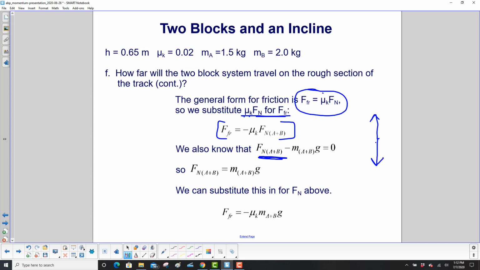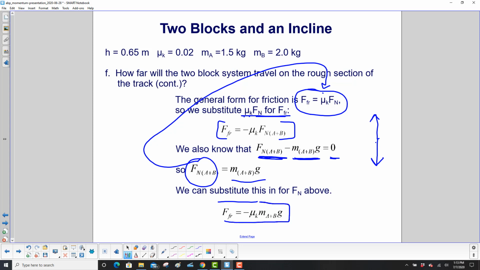So you put a positive for the normal force, a negative for the mg, and is it bouncing up and down? No. So the acceleration is 0. Therefore, the normal force is the combined mass of the blocks times g. Plug that into the normal force above, right? Here's our normal here, and that goes right there. And we get the force of friction is minus mu k, combined mass, times g. That's our force of friction right there.